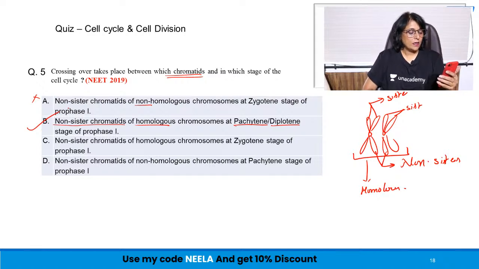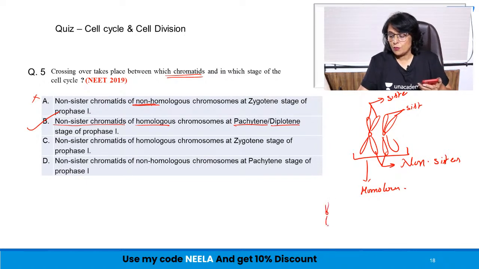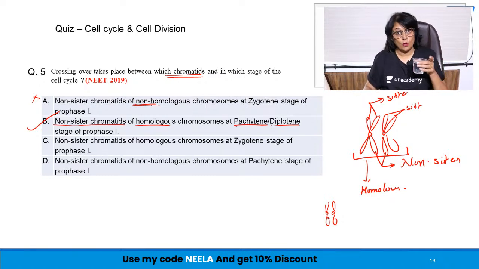Ayush, Ankita, Surekha, Dream Cracker. Satya has given A as the answer. A is not possible because it is between non-homologous chromosomes. First of all, the chromosomes have to pair, which is called synapsis, and this pairing takes place between the homologous chromosomes.